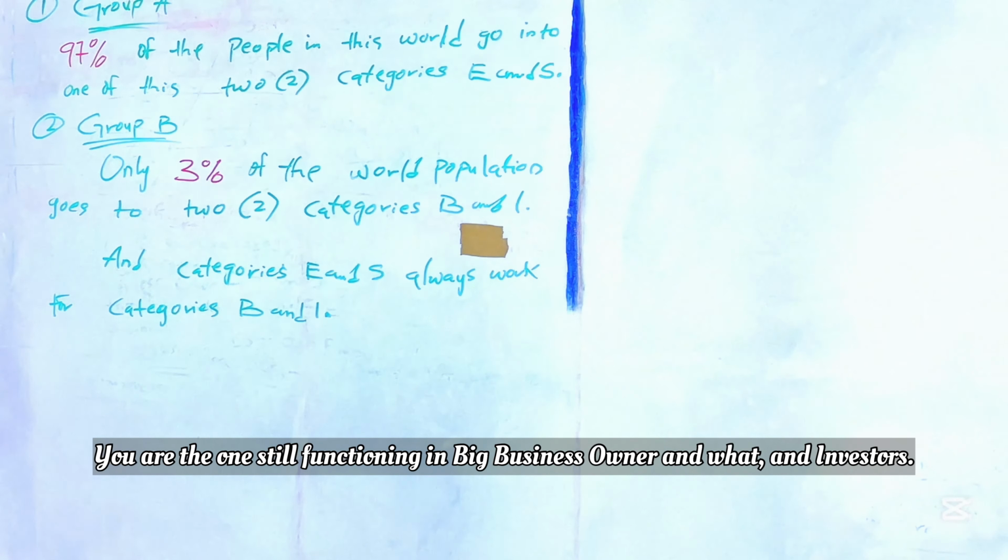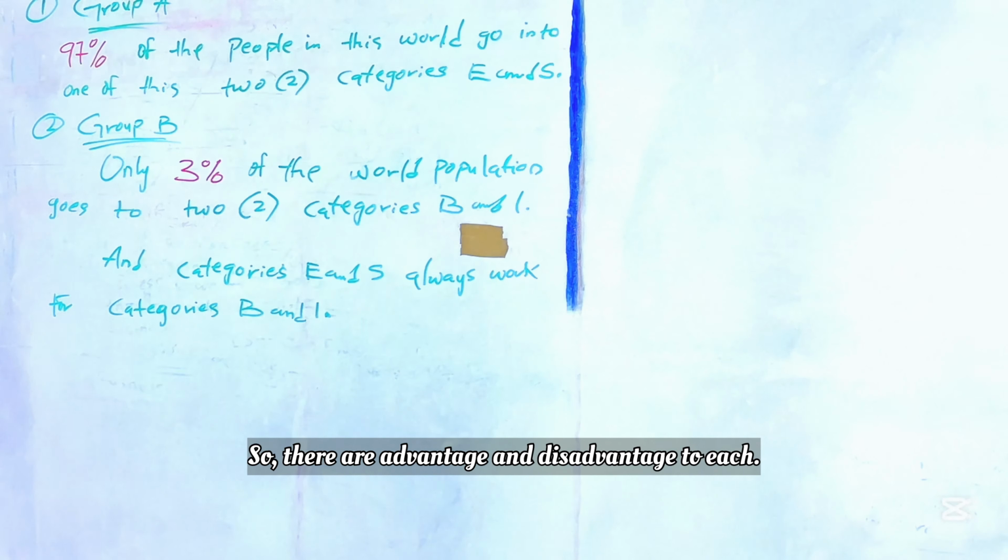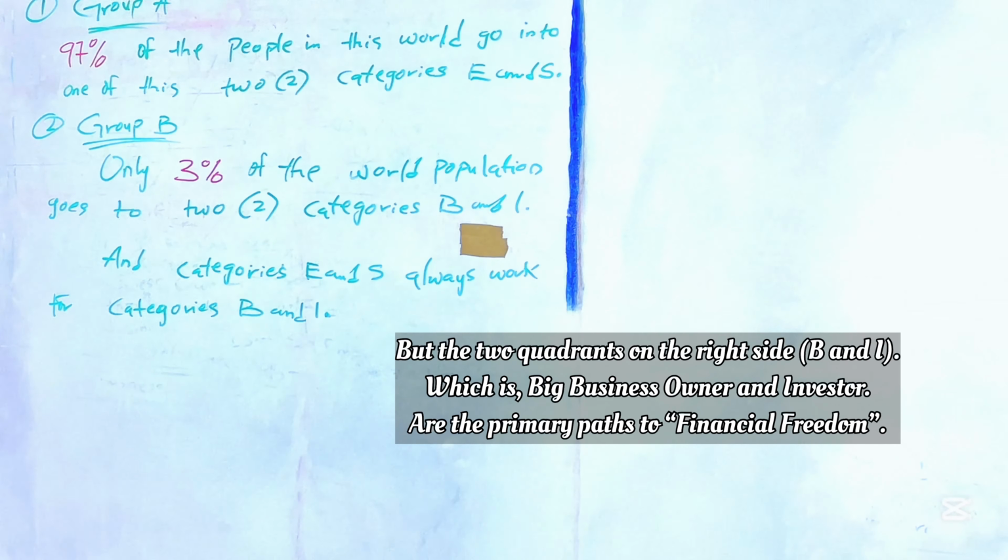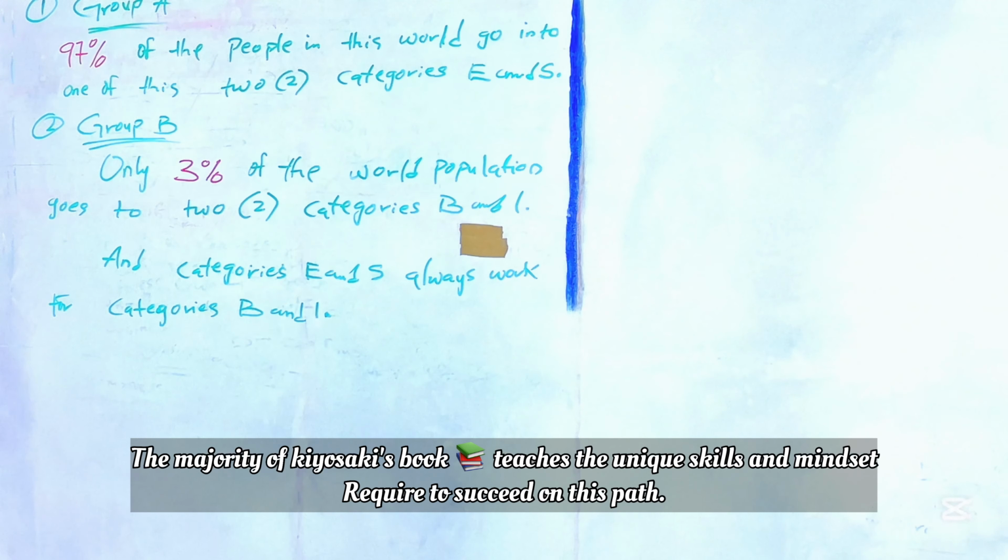So there are advantages and disadvantages to each, but the two quadrants on the right side, B and I, which is big business owner and investor, are the primary path to financial freedom. The majority of Kiyosaki's books teach the unique skills and mindset required to succeed on this path.